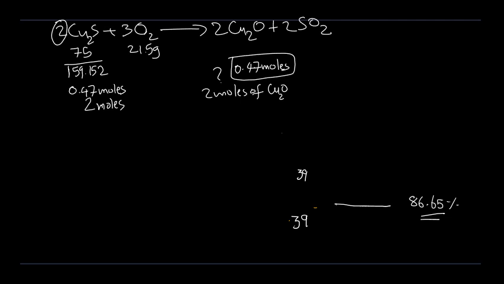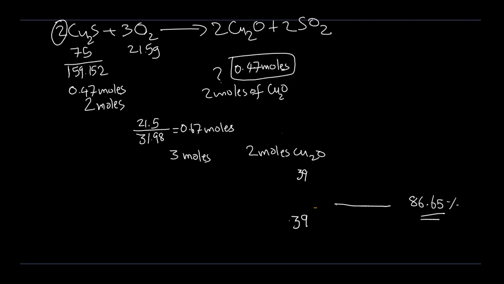And now I will see from oxygen how many moles will form. So then 21.5 is the mass of oxygen divided by the molar mass of oxygen, 31.98, that equals 0.67 moles I am getting. And now from the balanced equation I have 3 moles of oxygen and that gives 2 moles of copper 1 oxide.